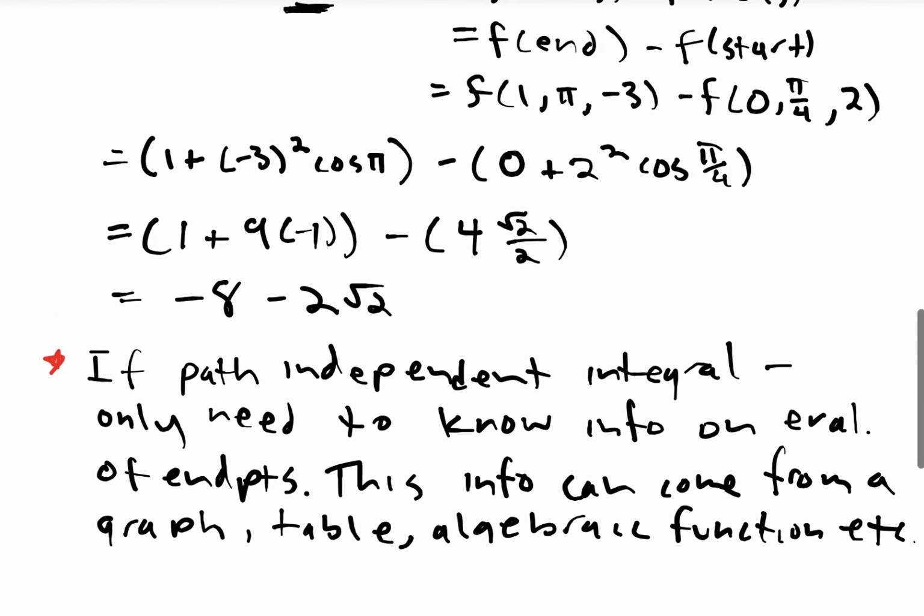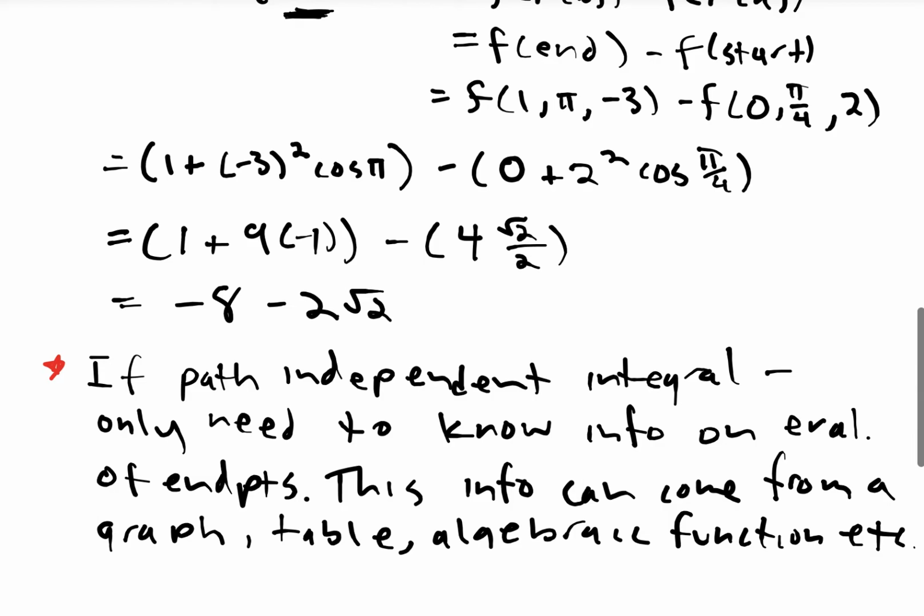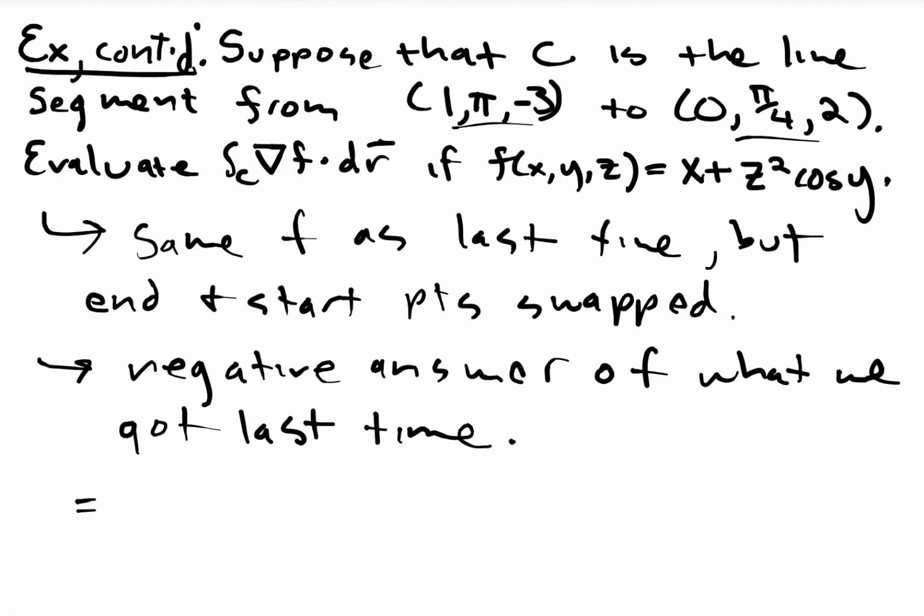We boiled this down to minus 8 minus 2 root 2. Well, that means this is going to be 8 plus 2 root 2. I'm not even going to worry about redoing all of the algebra all over again, okay? I know I get a sign error by swapping the order. Just make my old result negative, okay?